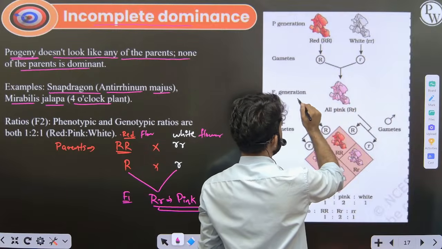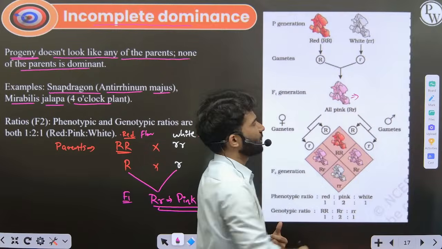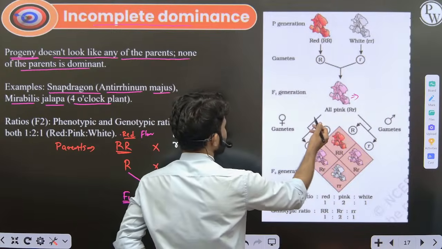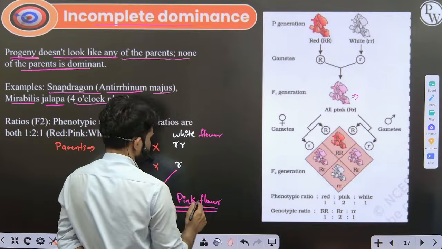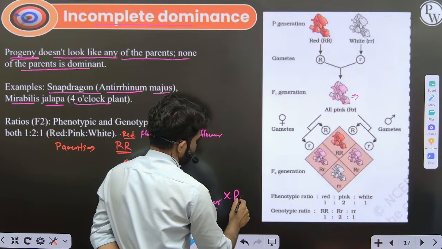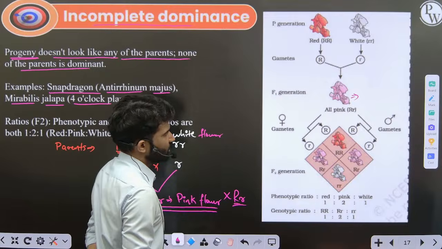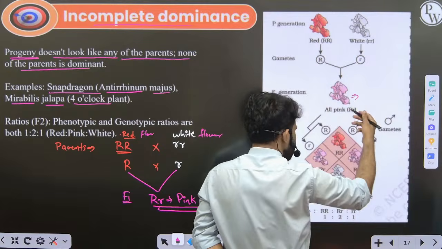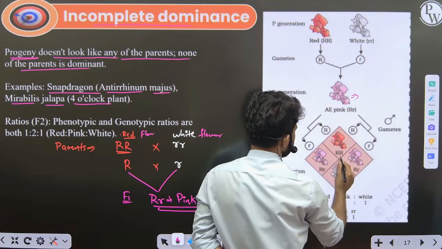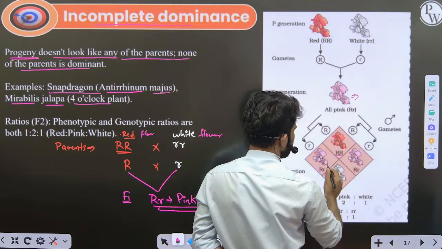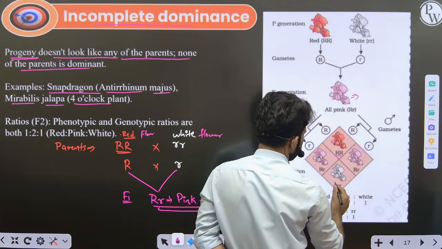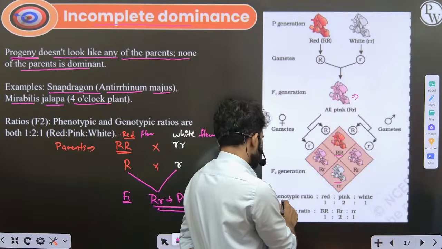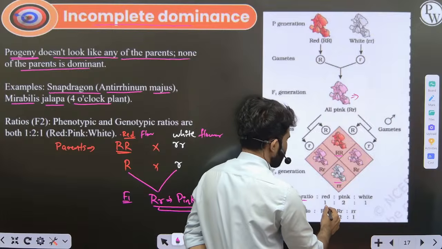That is the first generation plant. Then, if this F1 plant is selfed, that is, if it is self-pollinated, the parental characters reappear in the F2. So that is one red color flower, two pink color flowers, and one white flower plant. That is correct.